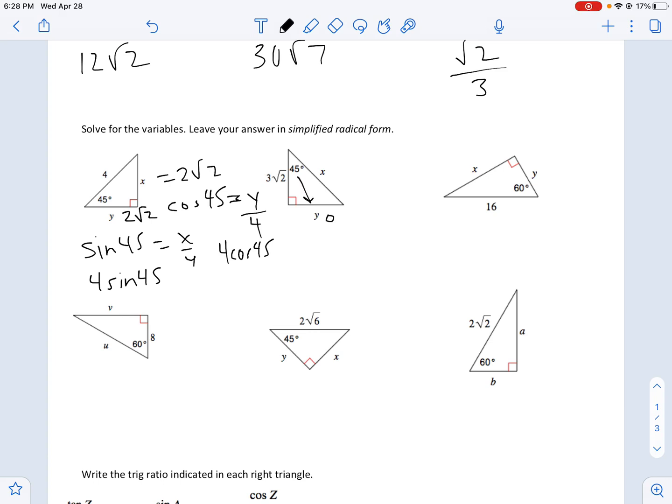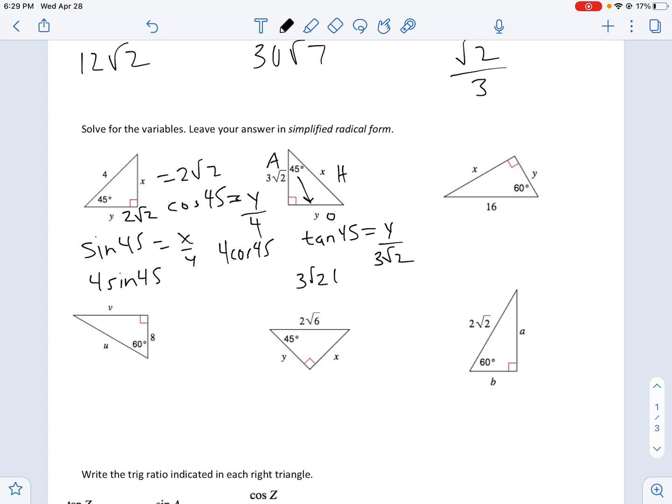Here's our opposite, hypotenuse, adjacent. So it looks like if we want to find the y, we need to do tangent. So we have tangent 45 equals opposite y over adjacent.